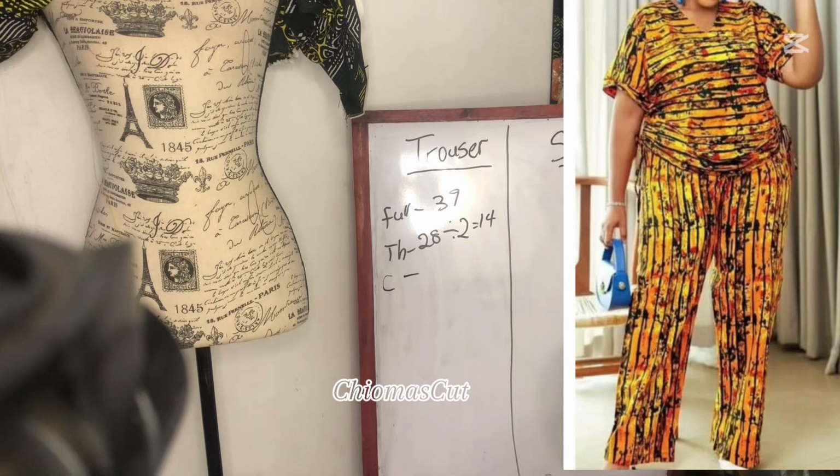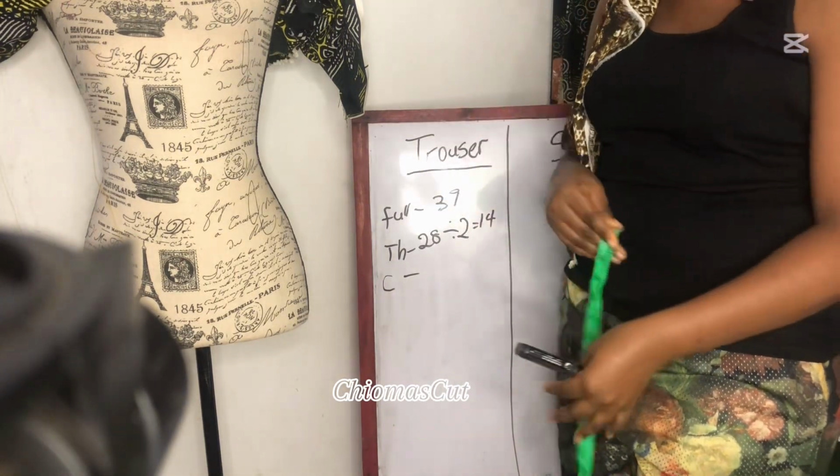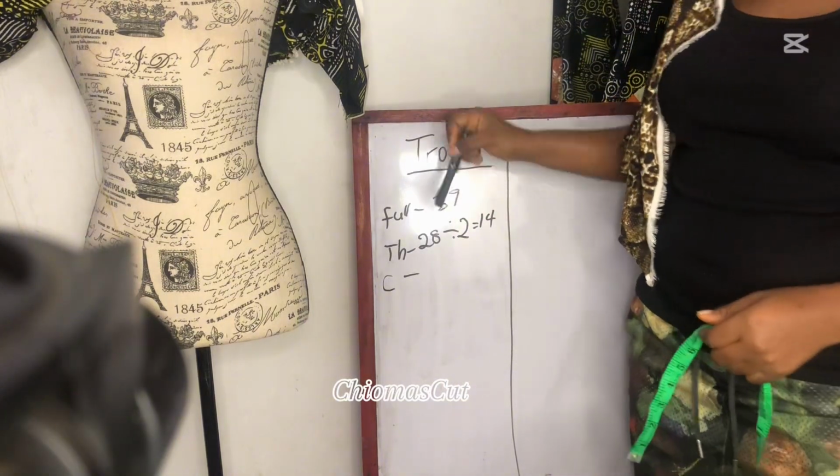This is how I get my crotch. I don't measure it, unlike some people who would do it like this to get a crotch. I don't measure. Now I will look for the waist measurement.